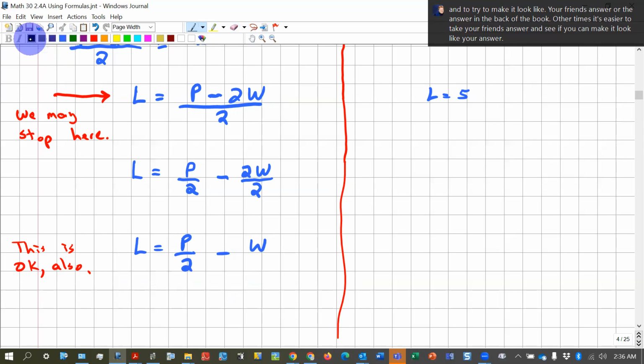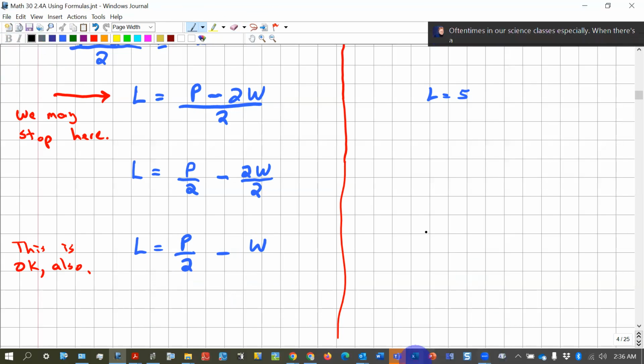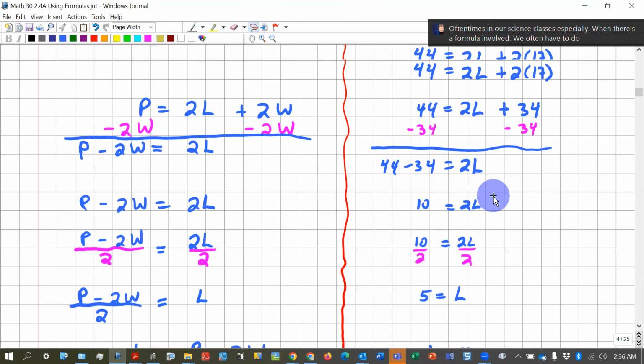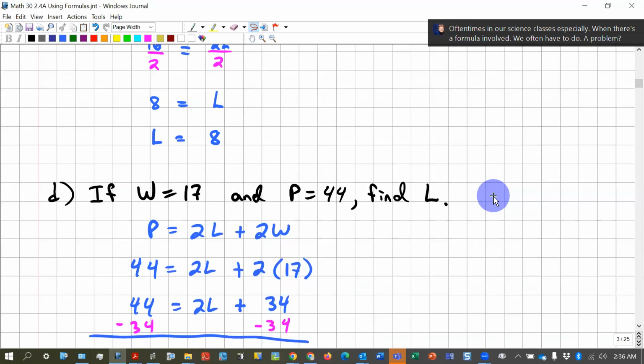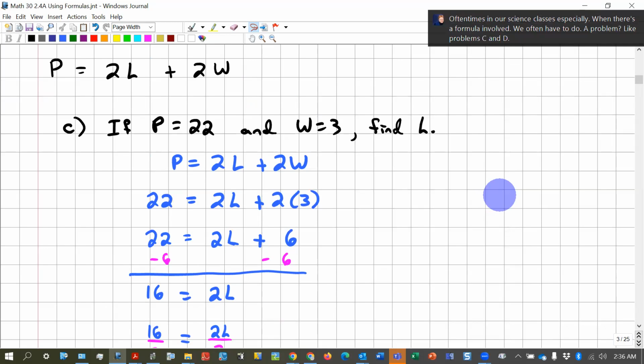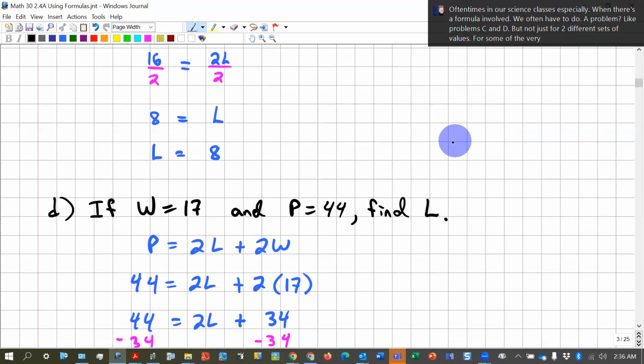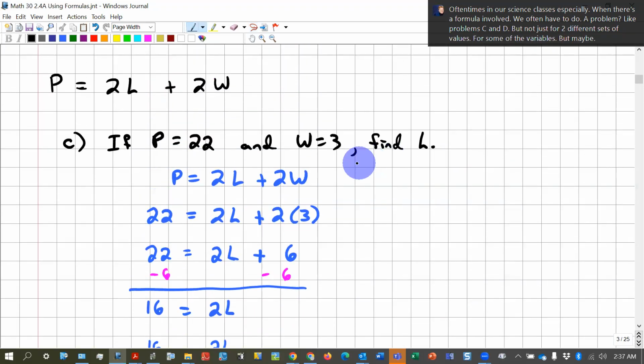Oftentimes in our science classes, especially when there's a formula involved, we often have to do a problem like problems C and D, but not just for two different sets of values for some of the variables, but maybe 50 different sets of numbers for those two variables.